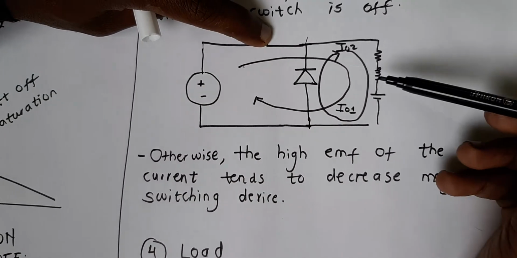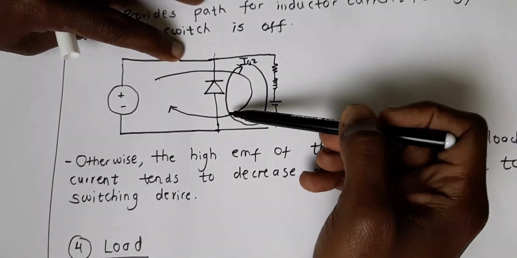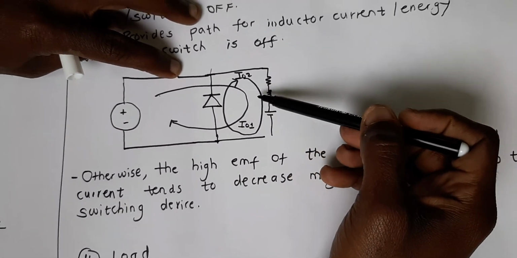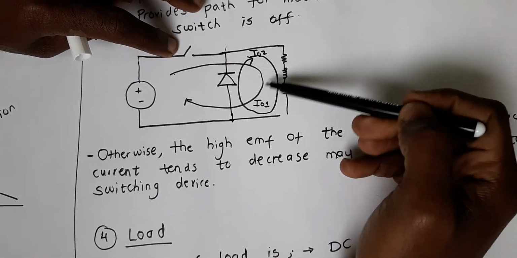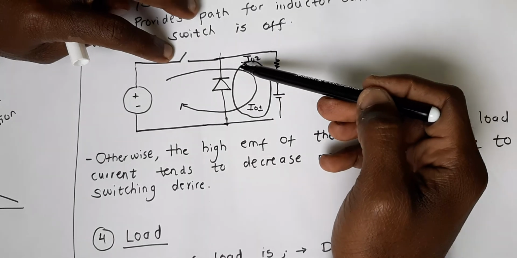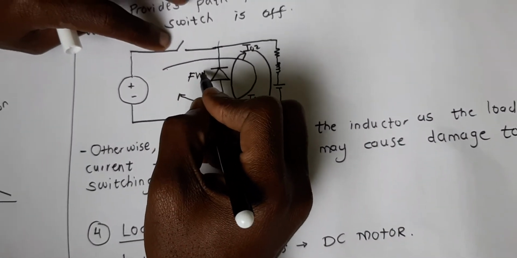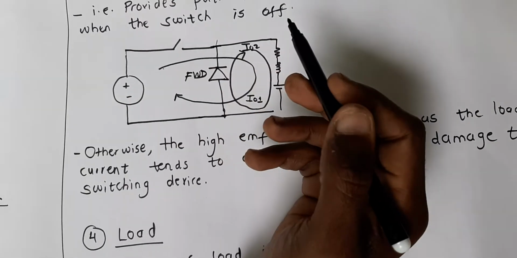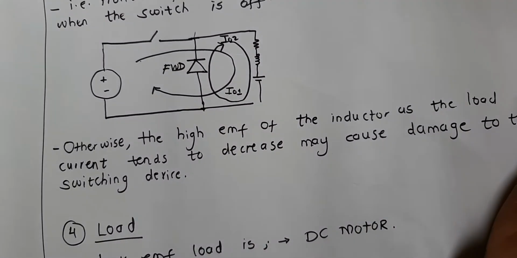This is because when the switch is on, the inductor stores energy, and when the switch is off, this inductor still has some energy that needs to be dissipated, and the only way that this energy is dissipated is through the freewheeling diode. Otherwise, what if we couldn't have the freewheeling diode?